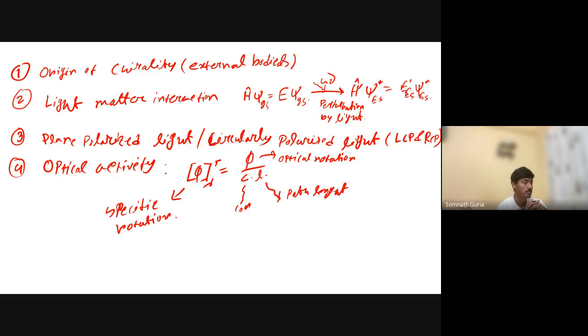If the speed of light is different over there, we get the optical activity, that is the circular birefringence. If one particular light is absorbed, that is LCP and RCP absorbed in a different way in that chiral solution, then how it looks like, we will discuss in the next class.